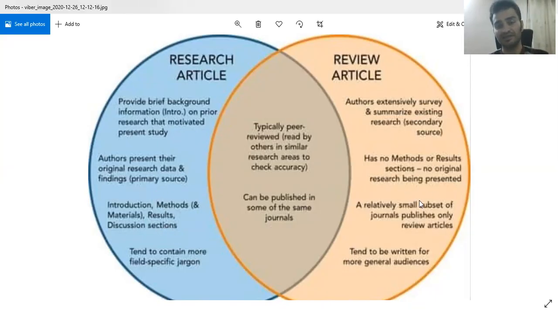But in the review article, we don't have method and material, result, or discussion. These sections are not available because the main goal of the review article is to collect the previous data and analyze them. It is a kind of literature review: what is the latest update in this particular topic?